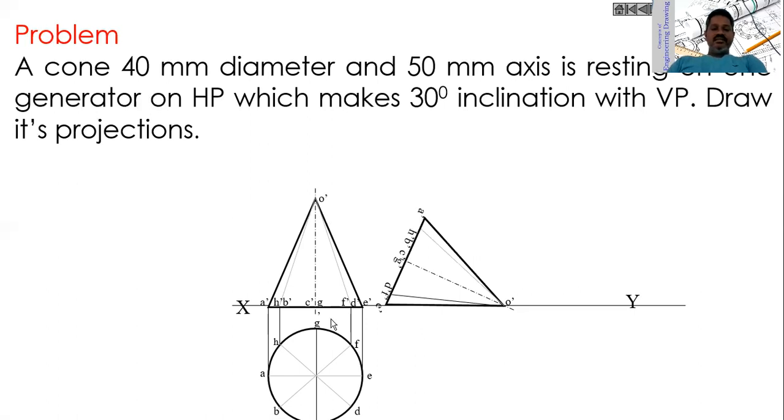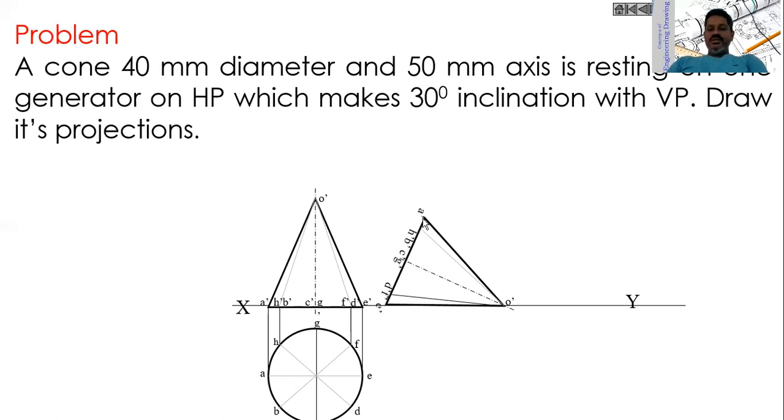Similarly, take A dash E dash as radius with E dash as center and draw an arc here. Then take O dash A dash as radius with O dash as center and intersect the previous arc to get the A dash point here.